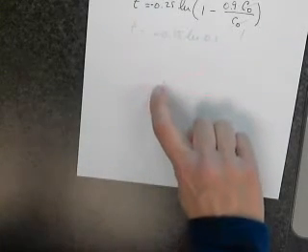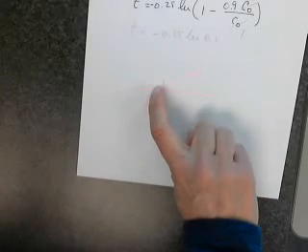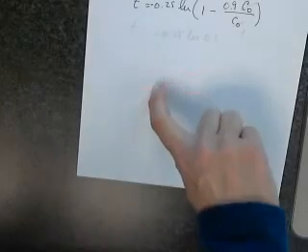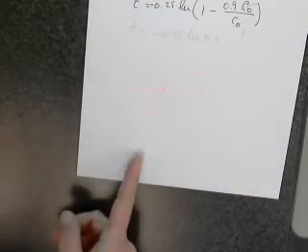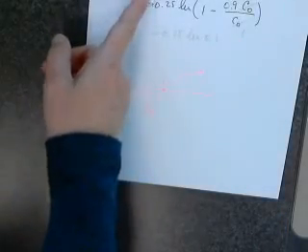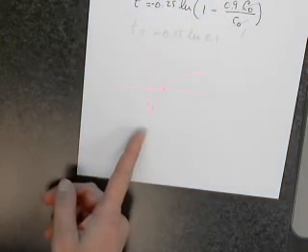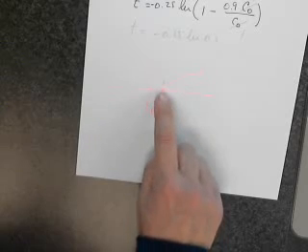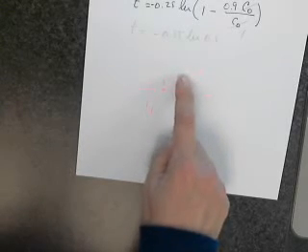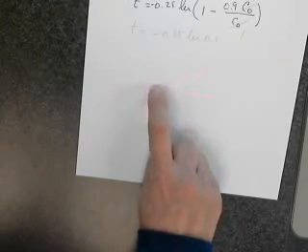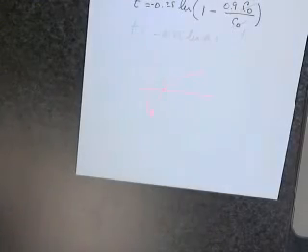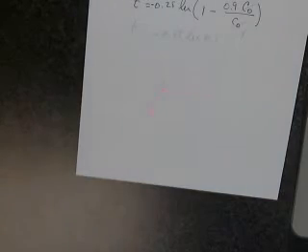So 0.1 is here. Is the function here or is the function here? If it's here, it's positive. But if it's here, it's negative, right? So at 1 it is 0. At 2 it will be positive. Anywhere between 0 and 1 will be negative, right? Okay, so now let's press enter.